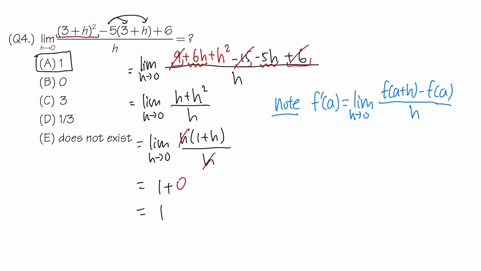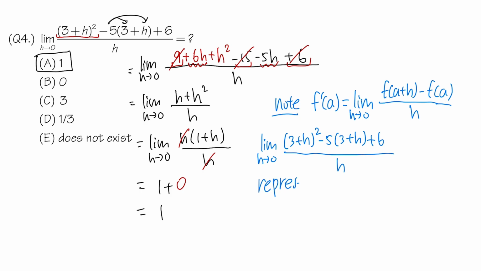And if you match this thing here, the limit as h approaching 0 of (3 plus h) squared minus 5 times (3 plus h) plus 6 over h, this thing represents the derivative of some function at what though? Well, at 3. Why? Because you see that we have the 3 plus h, right? We have the 3 plus h. So that's why it's the derivative of some function at 3.